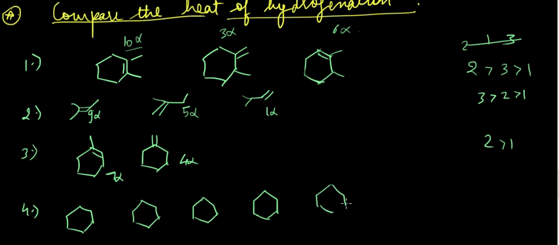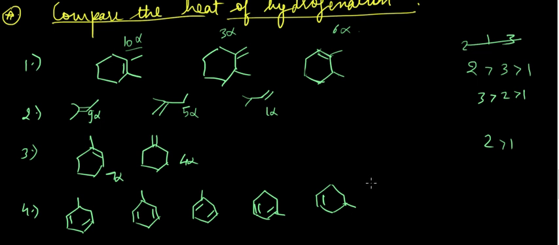No, just drawing it. And finally this one. So if you see, all the compounds will result in the same compound, hence we can compare the heat of hydrogenation based on the stability of all these compounds.